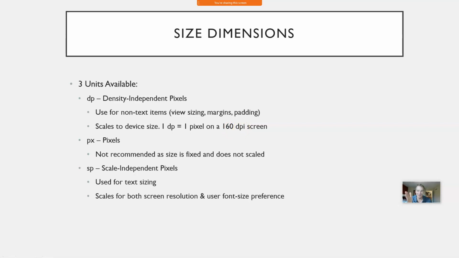That's the ratio. So if your screen had 320 pixels in 1 inch, instead of a pixel being 1 dot, it'll basically use two pixels, so it can scale it and still make it usable, easy to read.